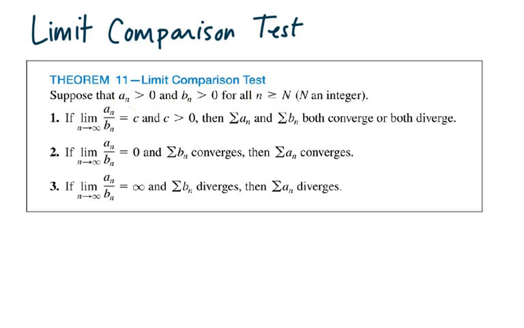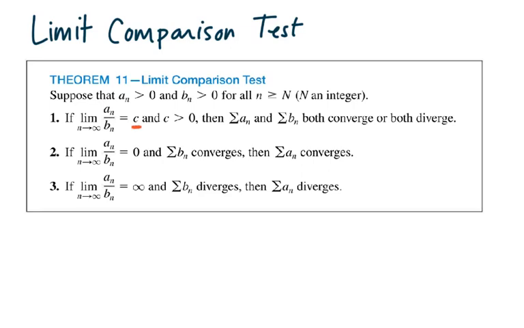If we're dealing with these positive series, we look at that limit as n approaches infinity of the ratio of the nth term of this positive term A over the nth term of positive term B. So we have three situations.